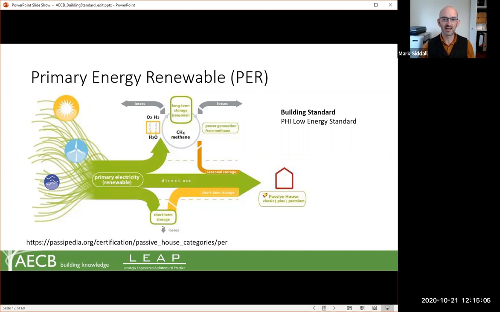We've got to store electricity, store energy in a format that will allow us to get through that winter period where we don't have the same access to solar energy, for instance. So we need storage facilities capable of satisfying that demand. And the PER, the primary energy renewable, is the methodology that the Passivhaus Institute have developed to reflect this kind of future planning of the electrical grid infrastructure.